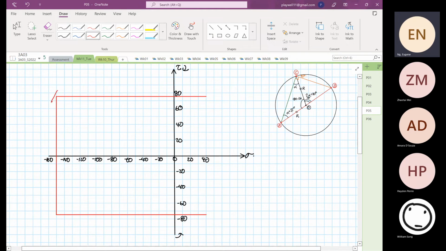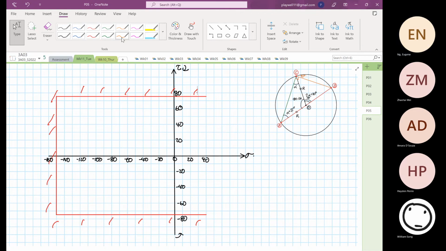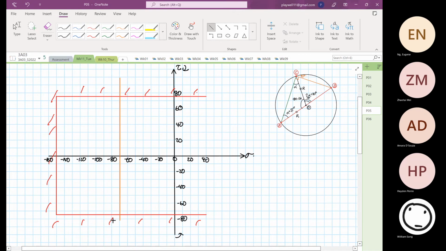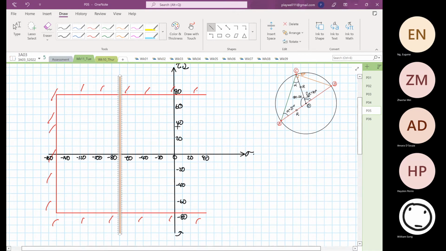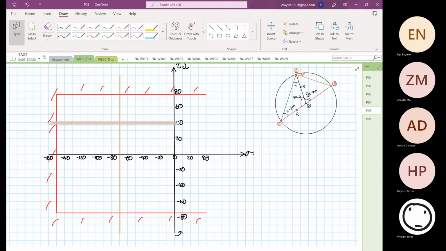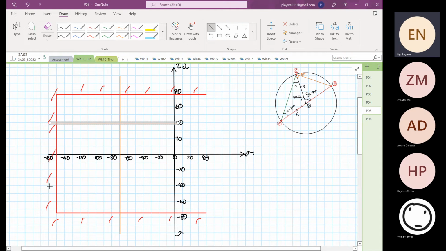It cannot go beyond the red shaded region, or the material will yield. And then we have our minus 70, and then we have our 40, then we have our negative 40.